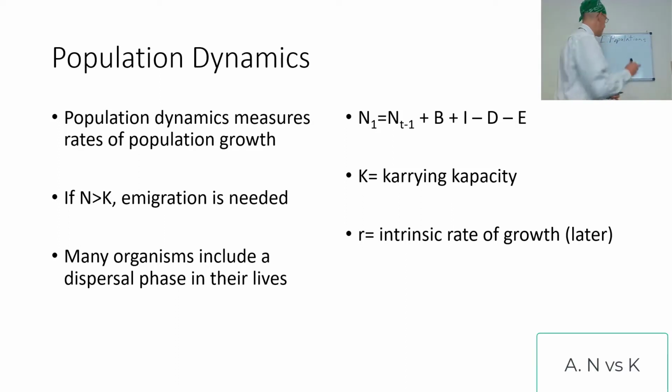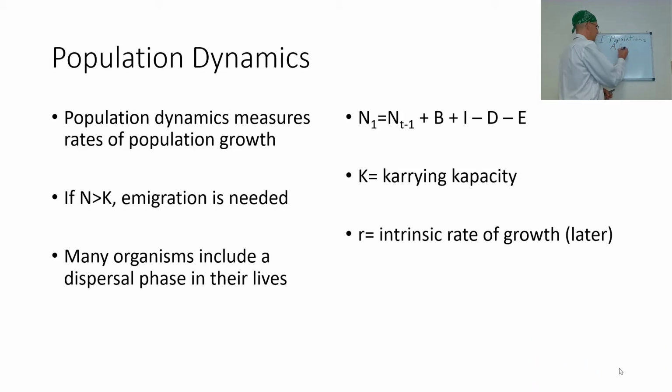One thing that is covered is N, the number of organisms, versus K, the carrying capacity. If N is greater than K, then emigration, the departure from a place, is required. Many organisms actually have a phase in their lives during which this can be done.